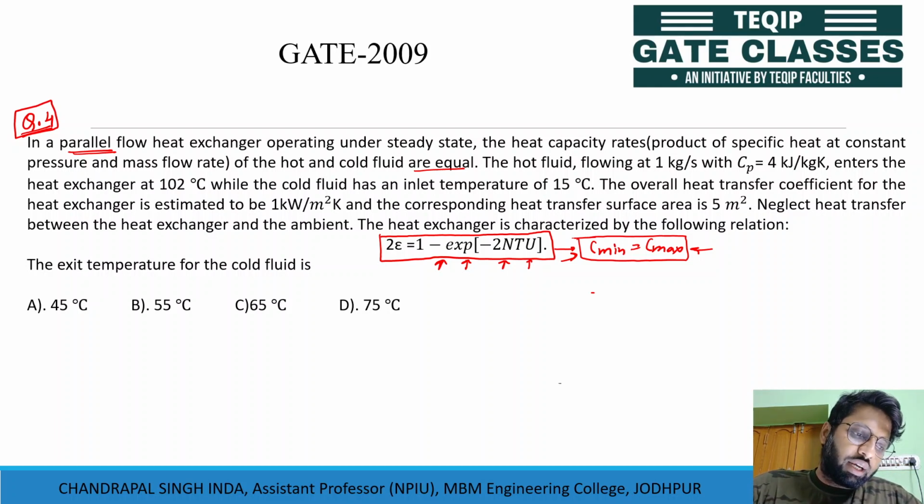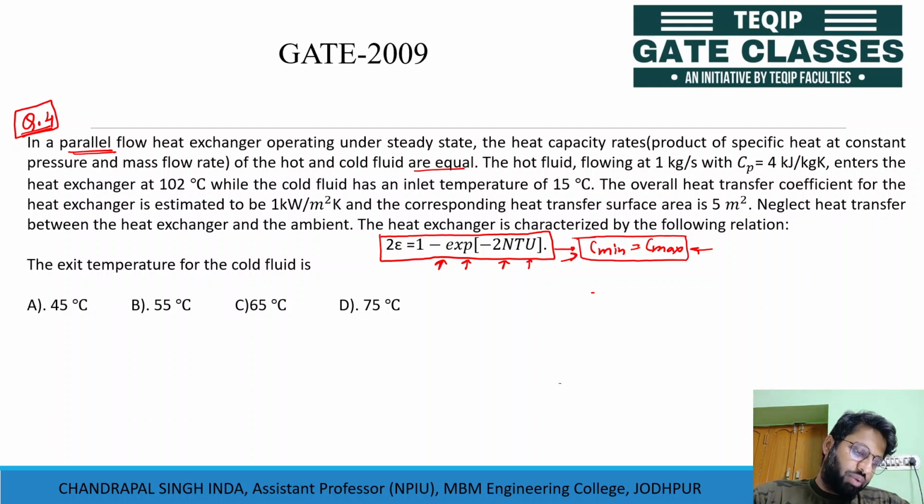The hot fluid flowing at 1 kg per second with specific heat 4 kilojoule per kg Kelvin enters the heat exchanger at 102 degree centigrade, while the cold fluid has an inlet temperature of 15 degree centigrade. The overall heat transfer coefficient for the heat exchanger is 1 kilowatt per meter square Kelvin, and the corresponding heat transfer surface area is 5 meter square. Neglect the heat transfer between the heat exchanger and the ambient, and the heat exchanger is characterized by the relation 2 times effectiveness equal to 1 minus exponential of minus 2 NTU.